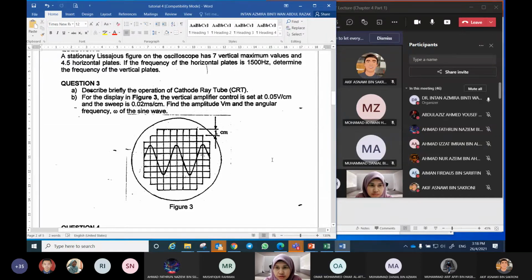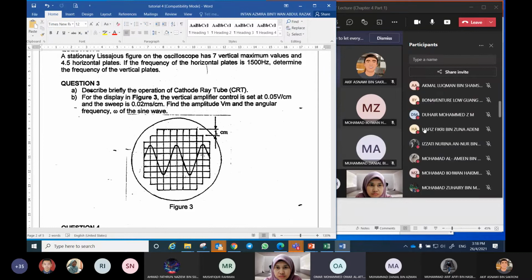V peak multiply by 2, and then you get V peak-to-peak. What is the answer? I don't have a calculator.